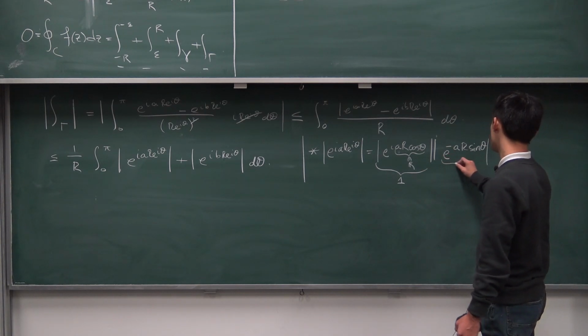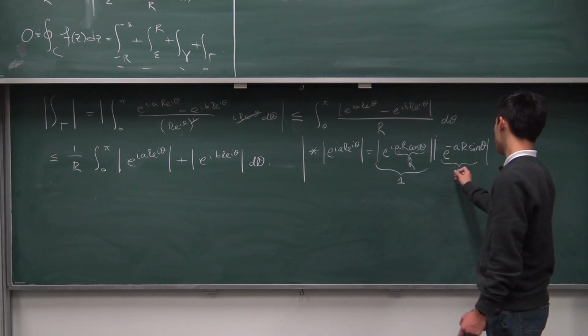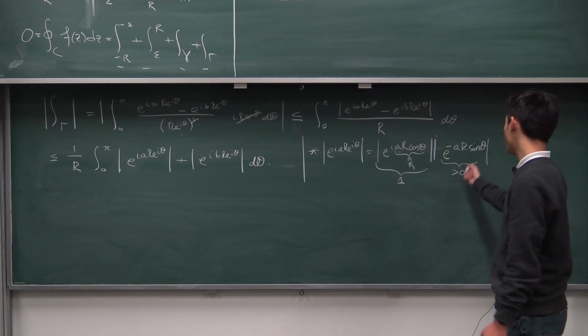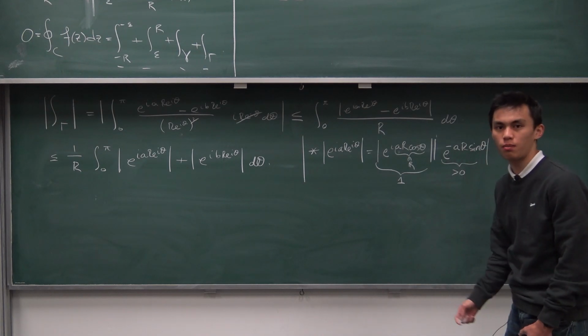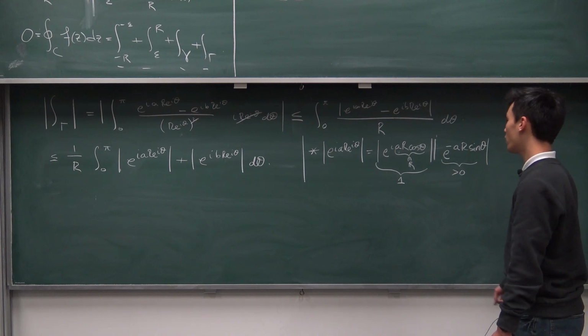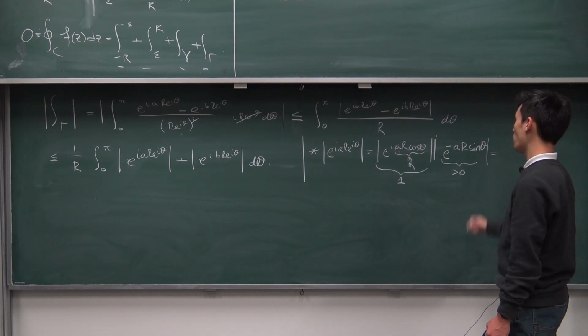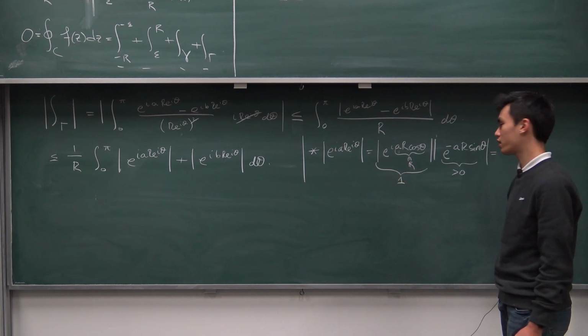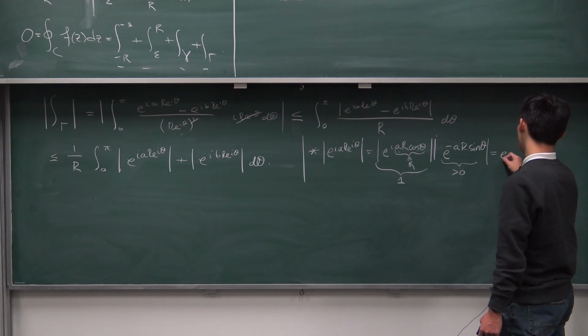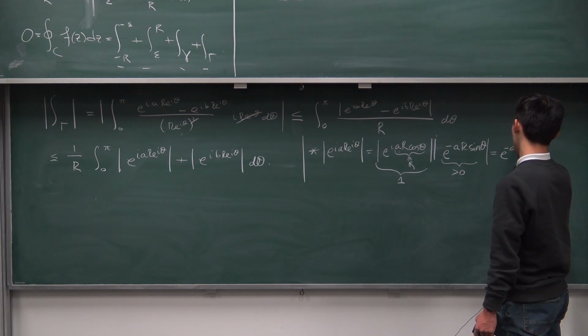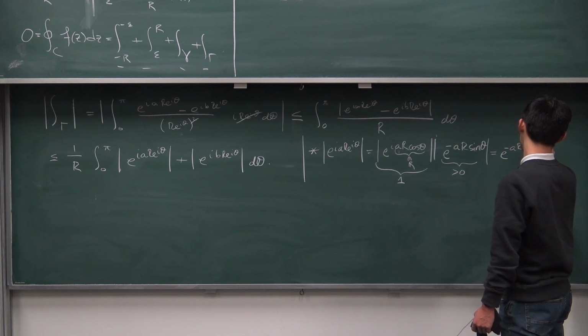But since this is an exponential, it is greater than 0. You have real numbers over here, so e to a real number is a real number greater than 0. So in fact, you can remove the absolute values there and ignore the other one because it's 1, leaving you with e to the minus a r sine of theta.